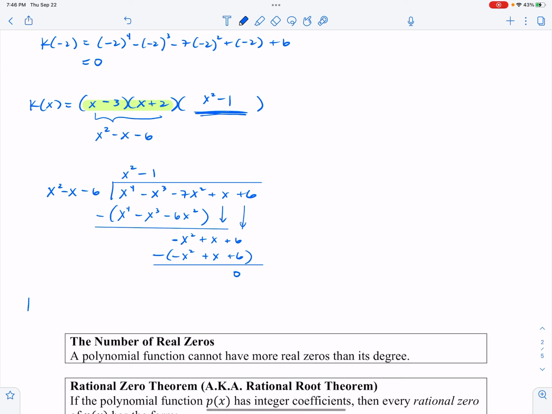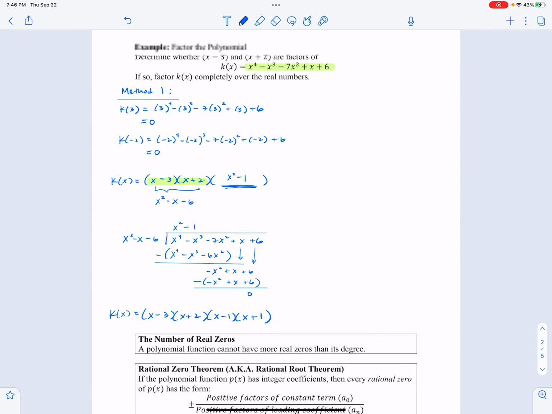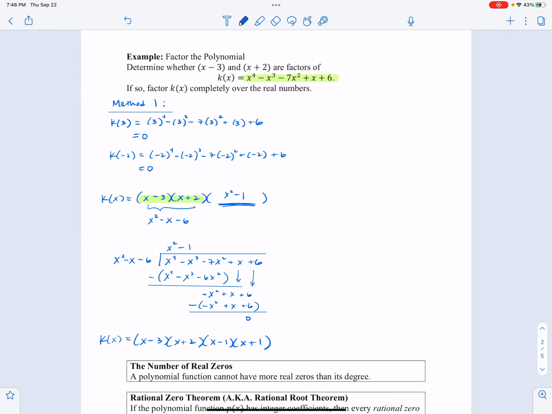So k of x completely factored over the real numbers is x minus 3 times x plus 2, and then x squared minus 1 is the difference of two squares, so x minus 1 times x plus 1. So that's method 1 of factoring k of x over the real numbers.